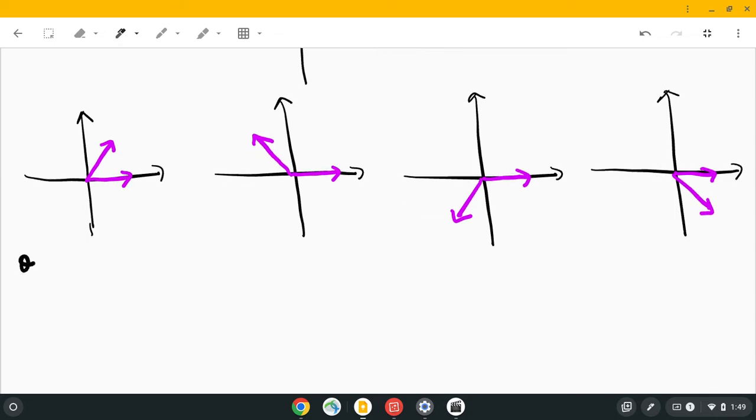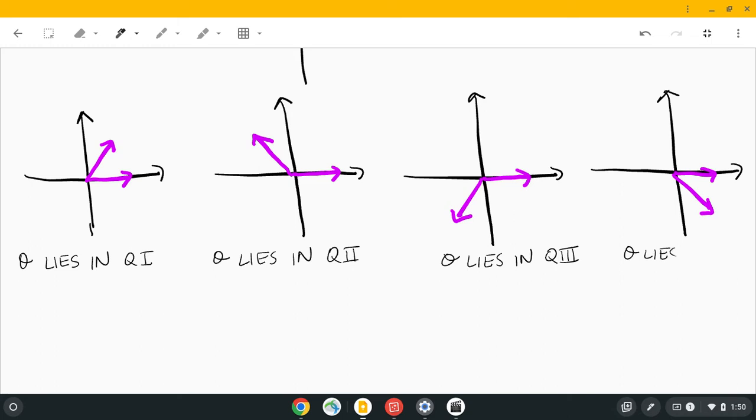So here we would say theta lies in quadrant 1. Here we say theta lies in quadrant 2. And here we say theta lies in quadrant 3. And here we say theta lies in quadrant 4. Okay?